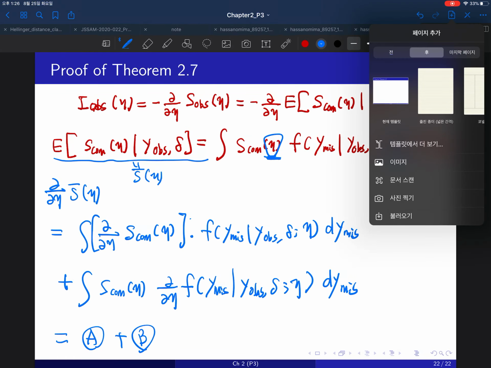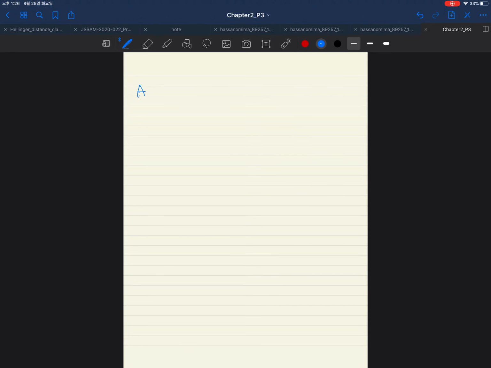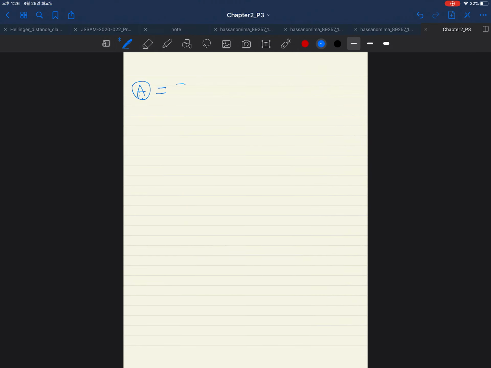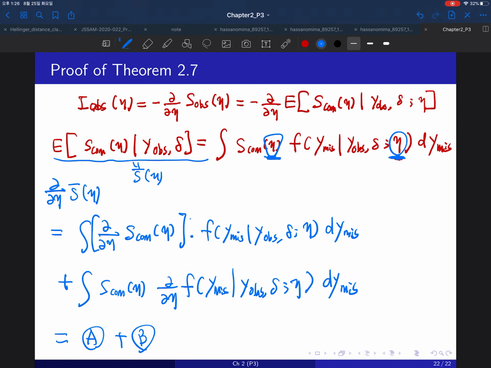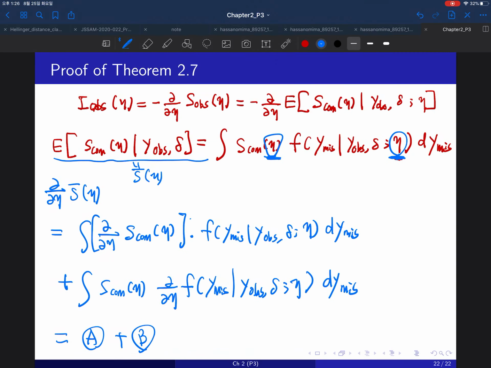Okay, so the A part is, there's nothing we can do. It's just the computation of the conditional expectation of this guy. That's it.